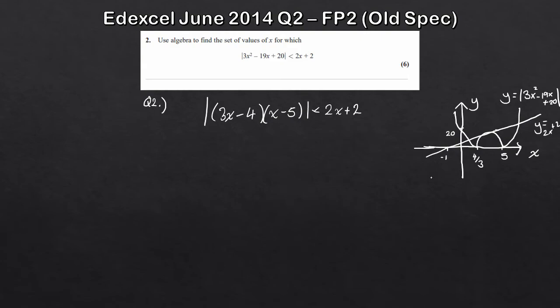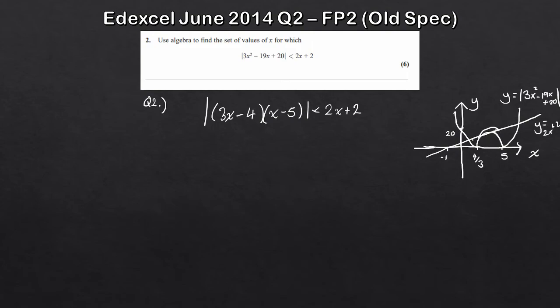So basically, just like we did before, we need to consider two arguments. And why do we consider two arguments? Because what we're looking for here is where my modulus graph is underneath the straight line. Again, my sketch is kind of bad, but this should be over this basically here.